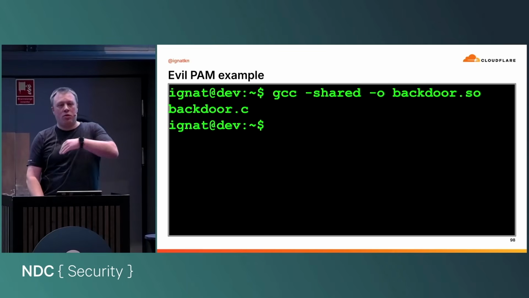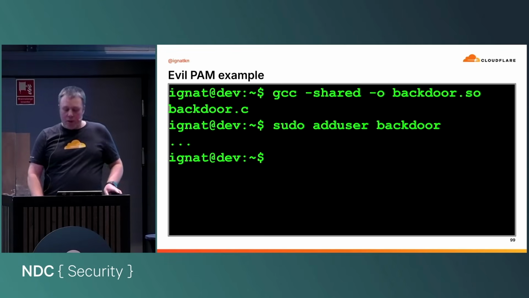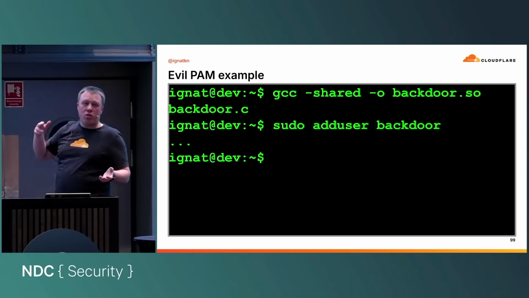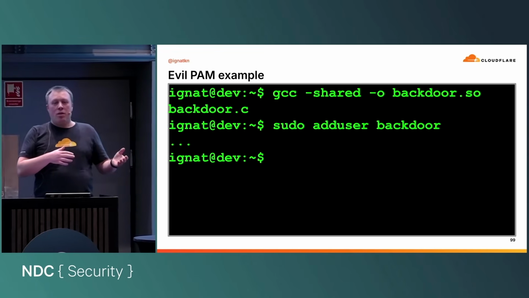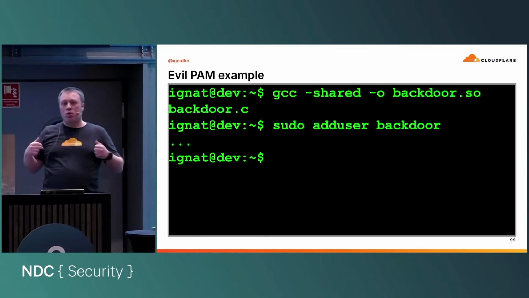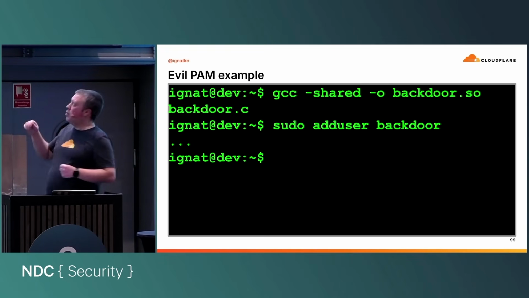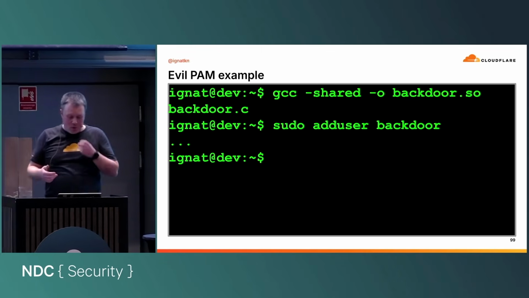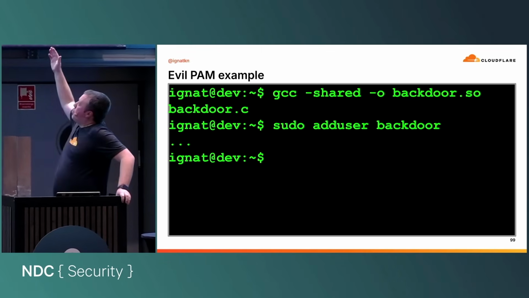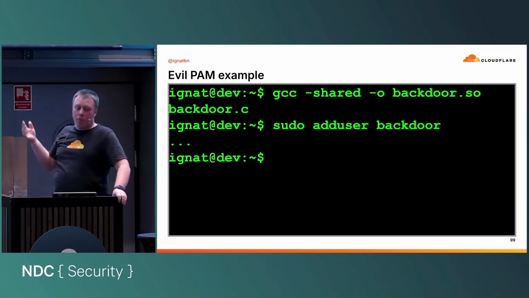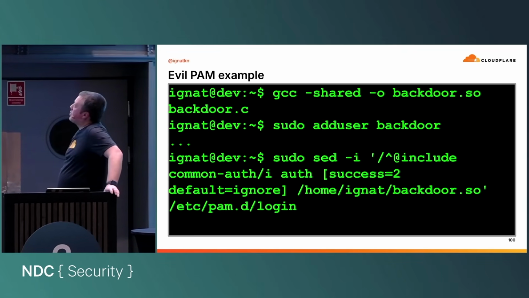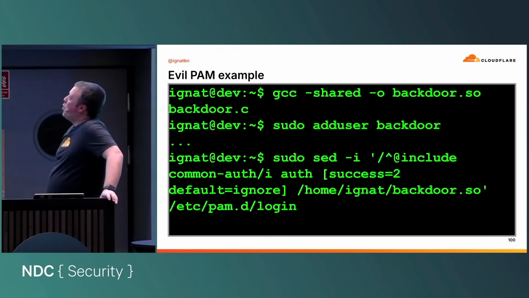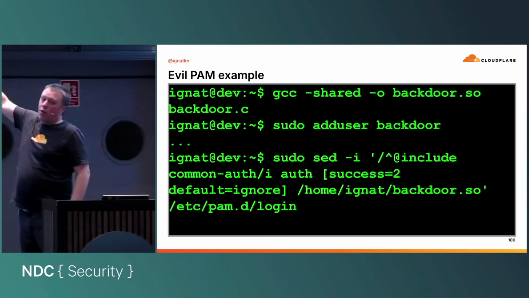Now, to demonstrate how it works, I will also need to add a backdoor user into the system, because even though my PAM module will authenticate, if the user does not exist on my system, later modules will fail and the whole thing will fail. So we'll ensure that the user is there just for demonstrative purposes. Now that we have the module, we need to configure our PAM system to use it. I encapsulate it in this scary sed command, but what it does is modify the /etc/pam.d/login file.